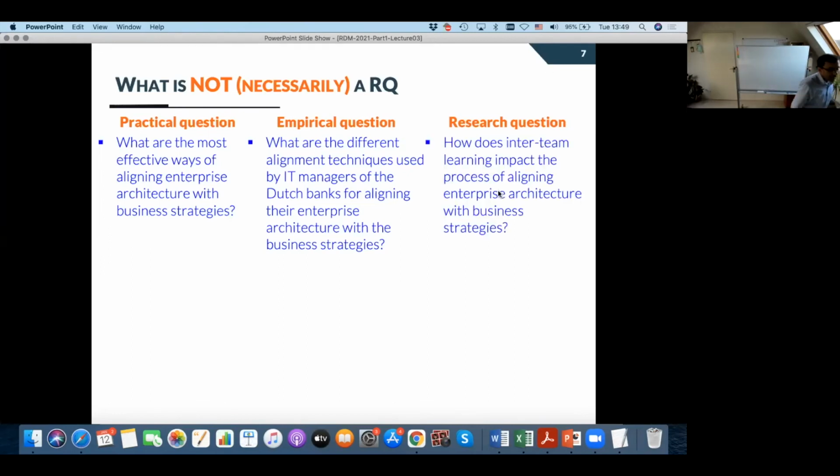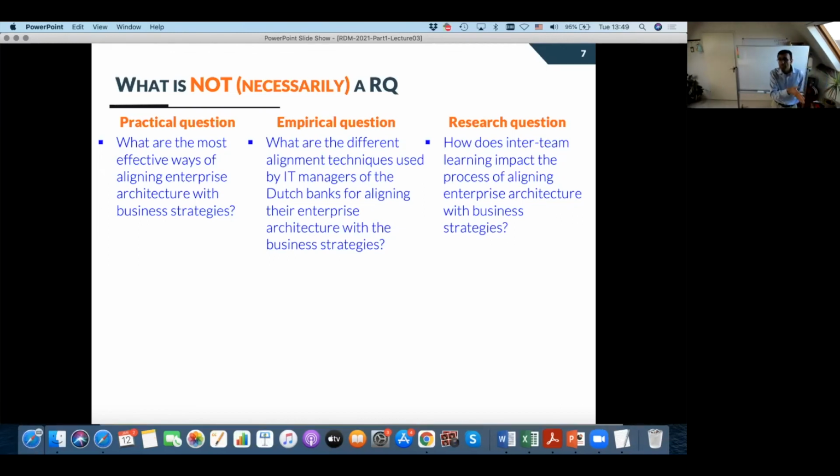A research question needs to smell the theory, or at least explore some theorization. For instance, how does inter-team learning impact the process of aligning enterprise architecture with the business strategy?